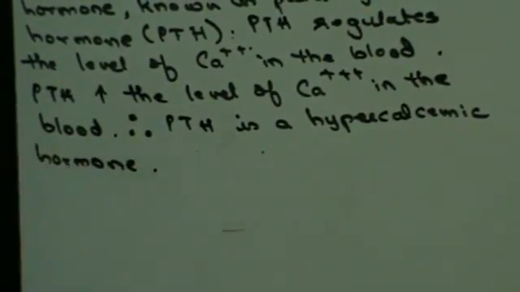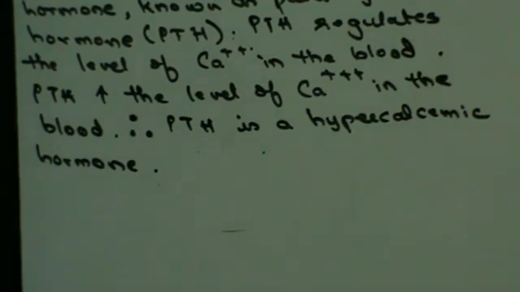If it is going to increase the level of calcium in the blood, then how will the level of calcium be maintained in the blood? With the help of thyrocalcitonin hormone. You have another hormone that would maintain this, right? Which is produced by the thyroid gland.